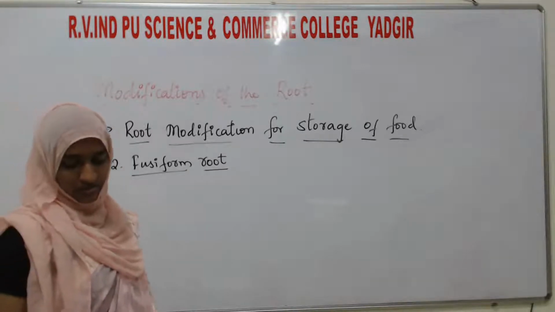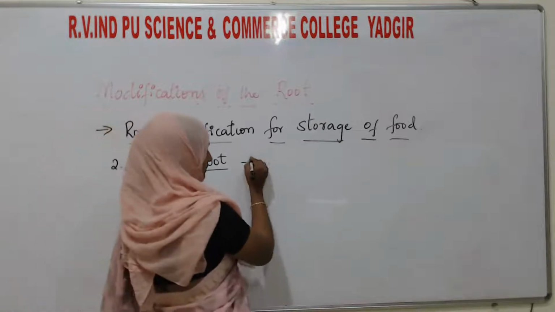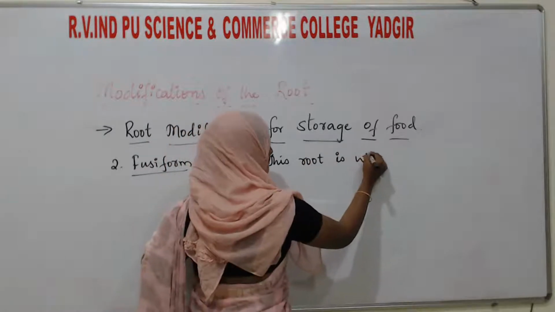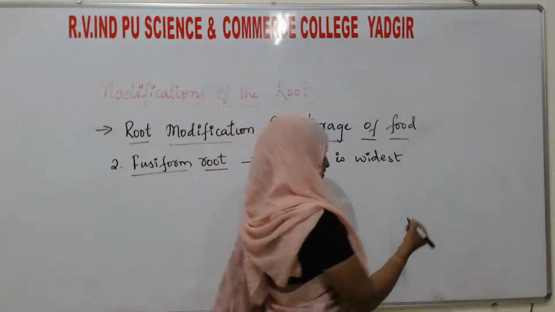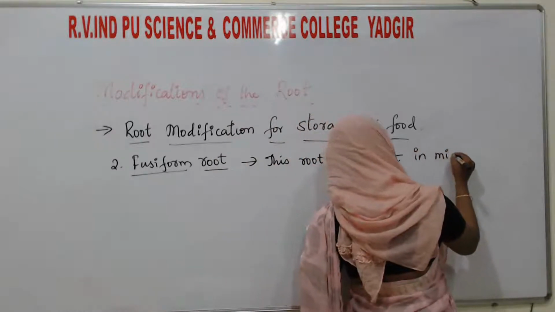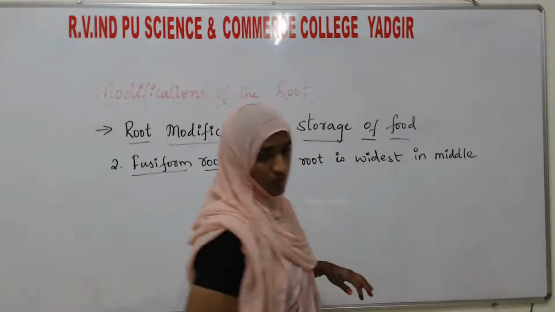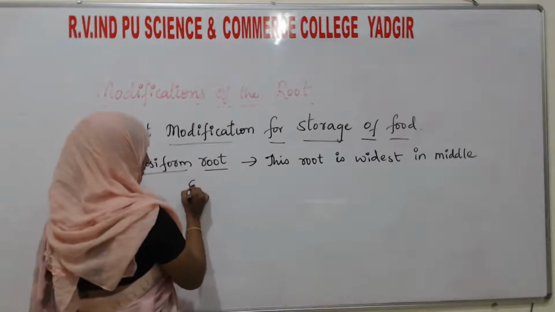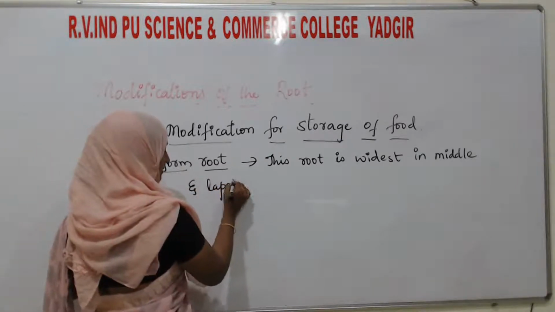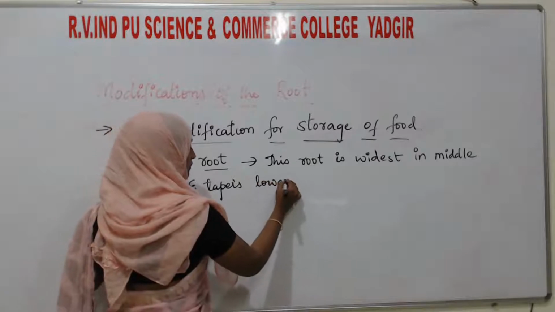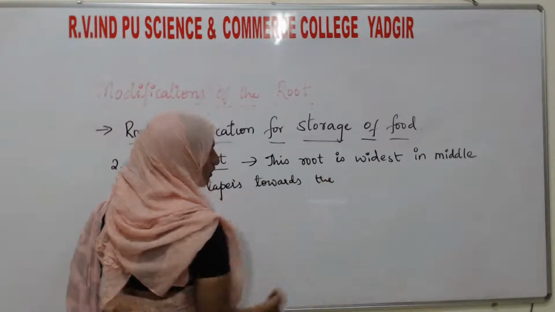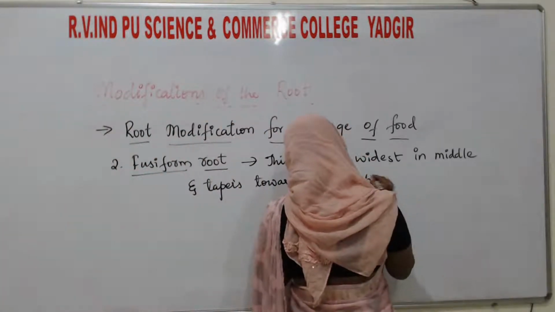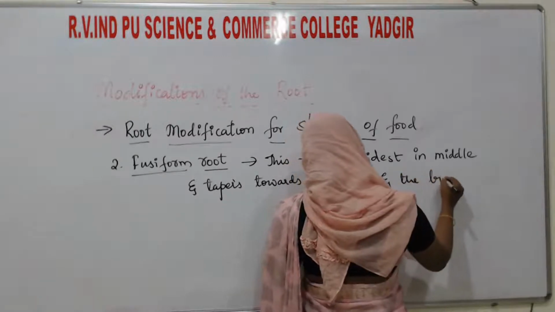Here this root is widest in the middle. The broad part will be in the middle, and it tapers towards the bottom as well as the top. Towards the top and the bottom.